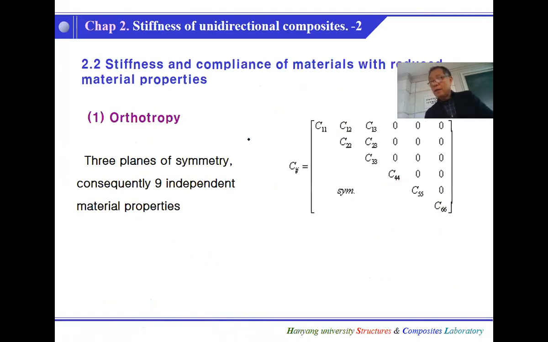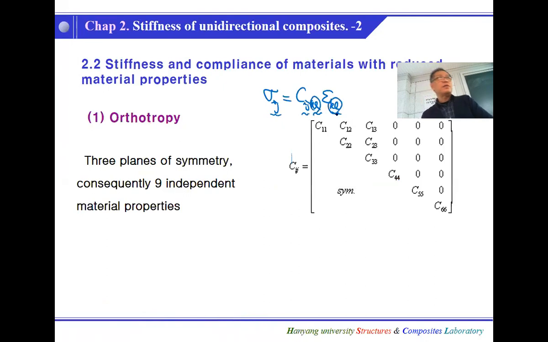Now, orthotropy. As I mentioned, sigma ij equals C ijkl times epsilon kl. Why is there ij, and why is there kl? There are rules for tensor notation.